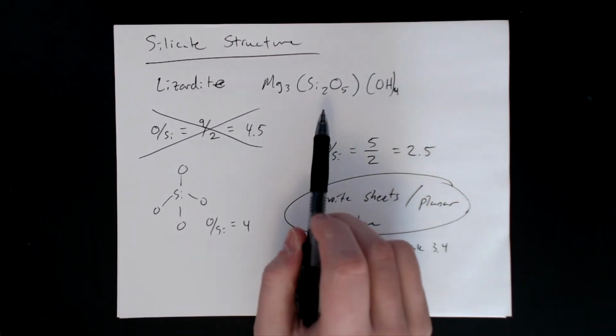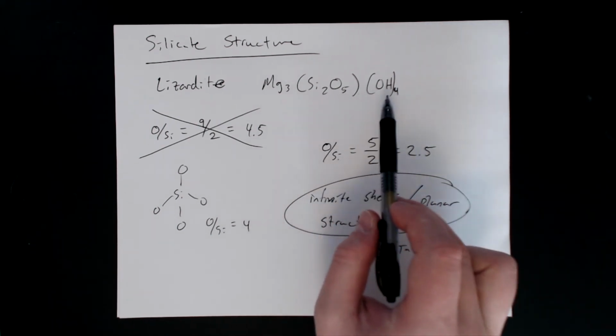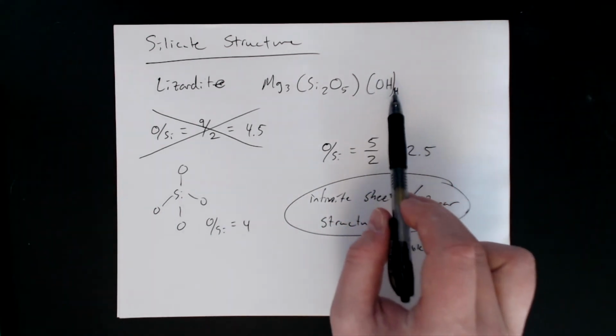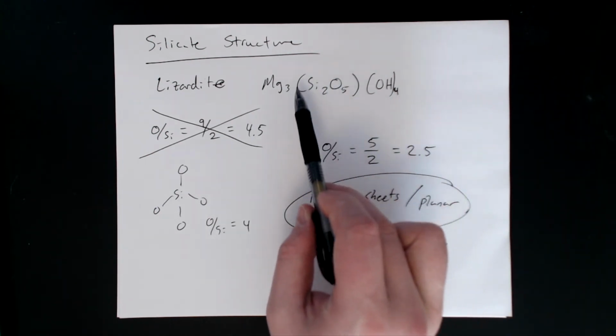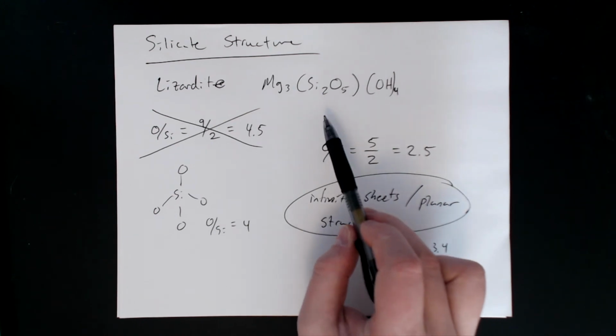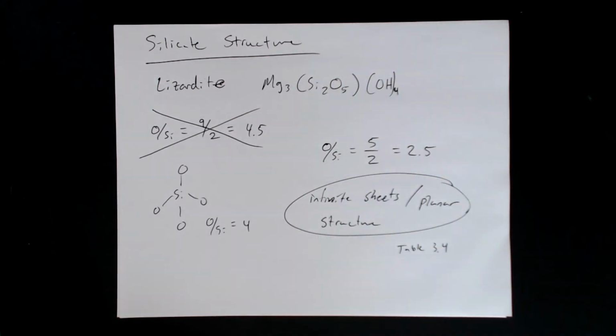Again, this was an example I wanted to show you where they've organized it for us such that those oxygens don't contribute. When we talked about the oxygen to silicon ratio, we're just talking about this part. Most of the ways that you're going to see these compounds written, they've actually separated it out for you to make it more convenient to do that. So that's how we can predict silicate structures.